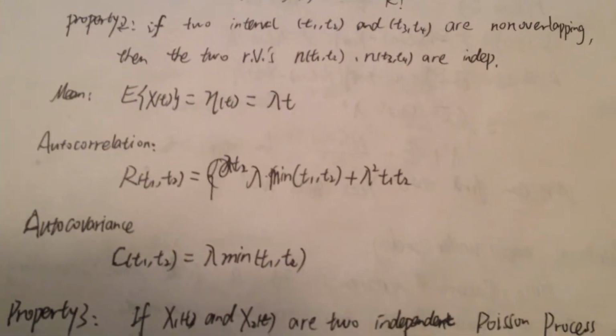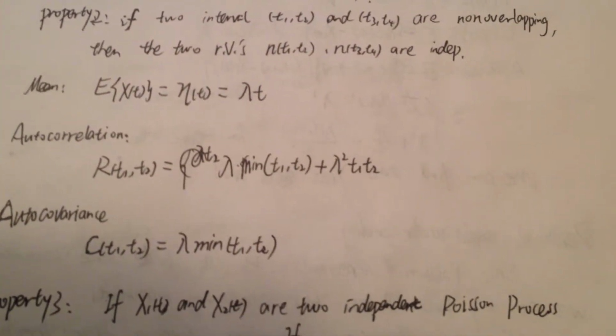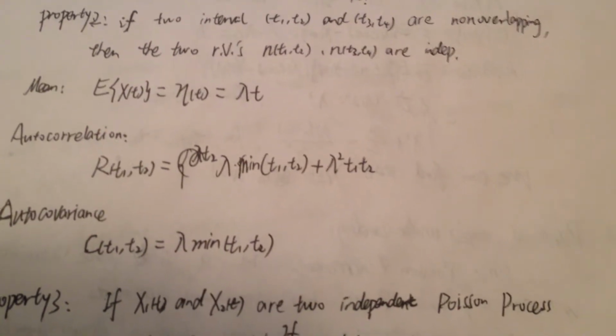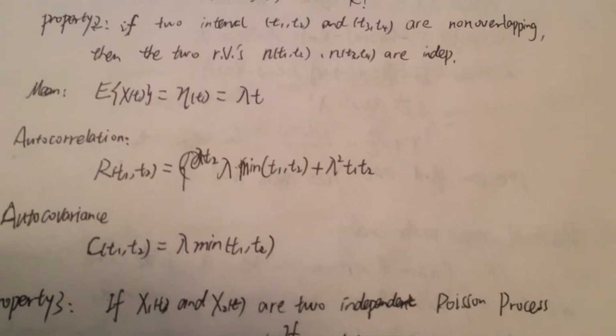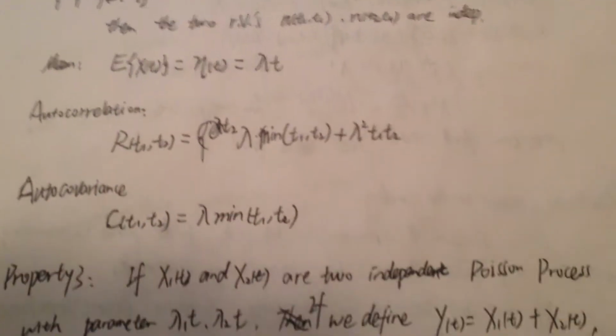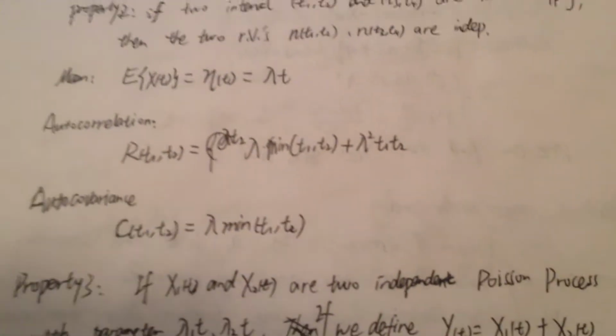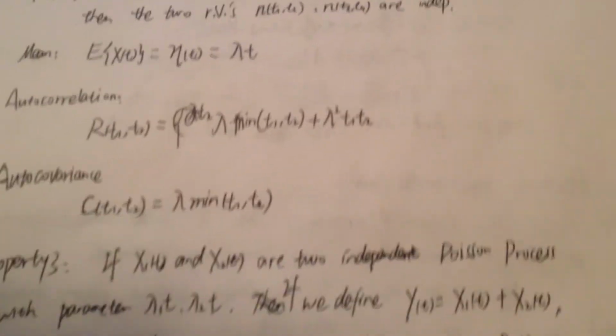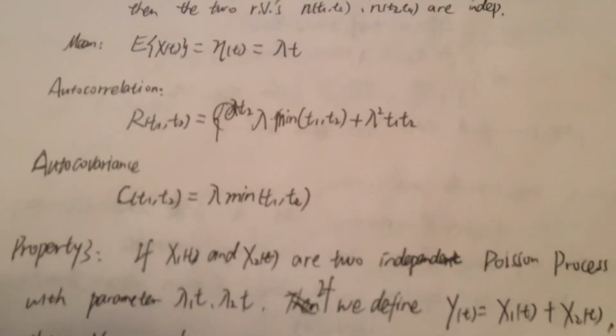Then the autocorrelation is lambda times the minimum of t1 and t2 plus lambda squared times t1 times t2, and the autocovariance is lambda times the minimum of t1 and t2.